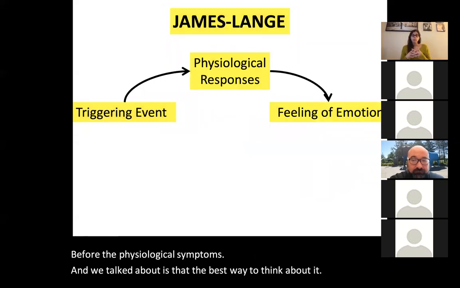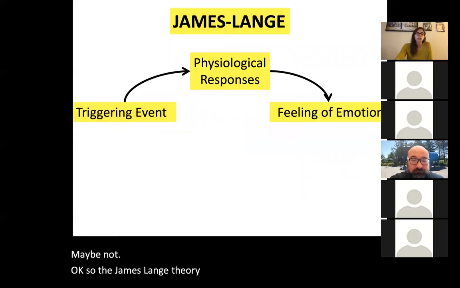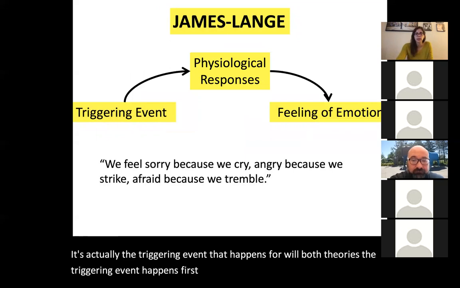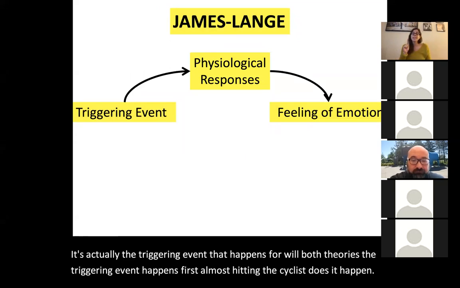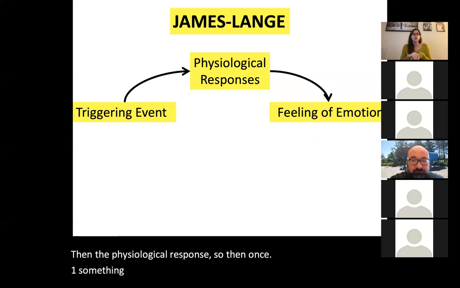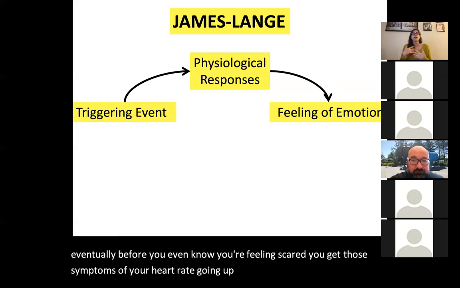Maybe not. So the James Lange theory says it's actually the triggering event that happens first. Well, both theories: the triggering event happens first, almost hitting the cyclist. Then the physiological response. So once something happens that could lead to fear eventually, before you even know you're feeling scared, you get those symptoms of your heart rate going up and gasping and getting really tense.